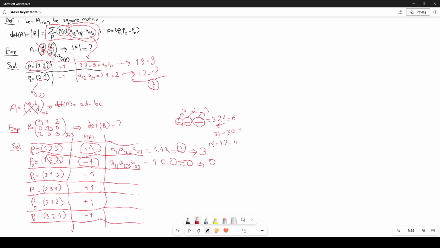Let's continue. Okay, now A1, what is P1 here? P1 is 2, right? I read the symbols from left to right. So P1 is 2. So A2, 1 times A3, 3, right? So what is the value here in this case? Okay, A12 is 1 times A21. A21 is equal to 0. That's good.